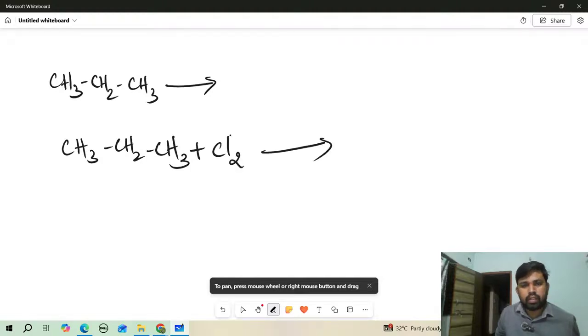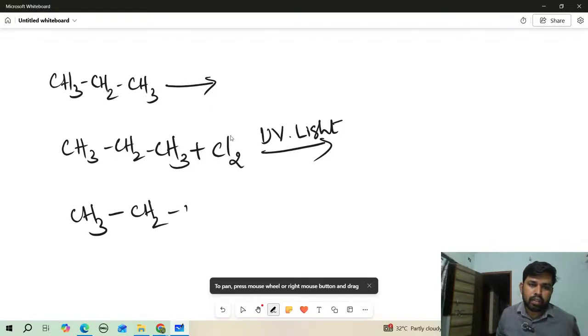It undergoes a substitution reaction under UV light, a free radical substitution.